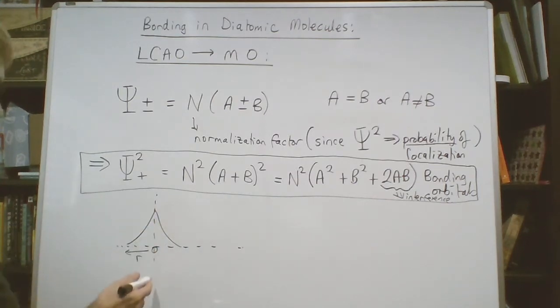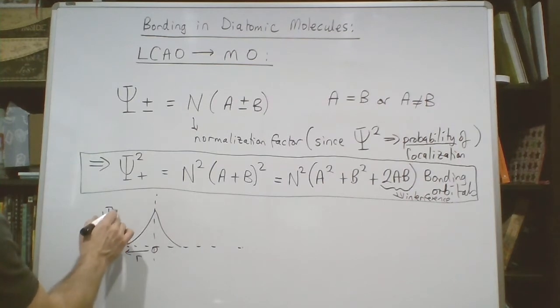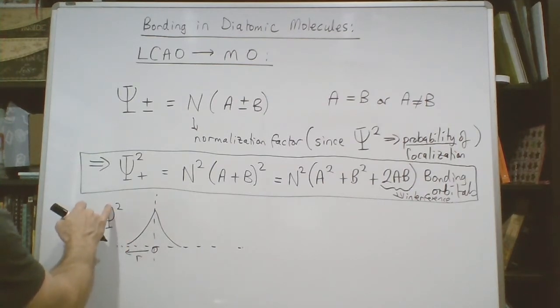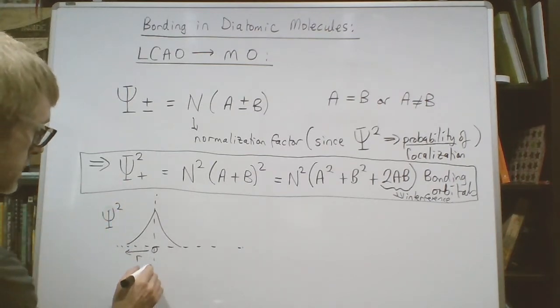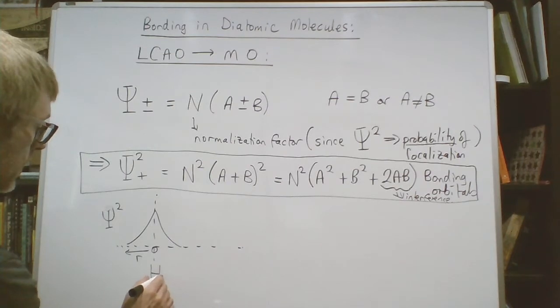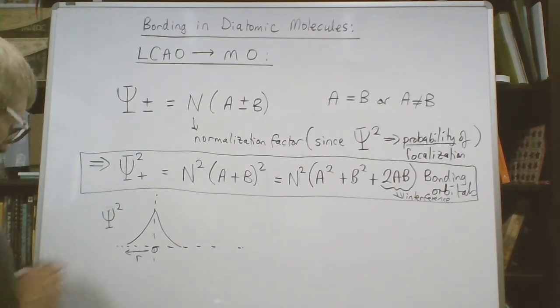So this is the nucleus center here. So this is a plot of psi squared, lowercase psi squared for, let's say, well, it doesn't have to be h, let's just keep it general and call it a.